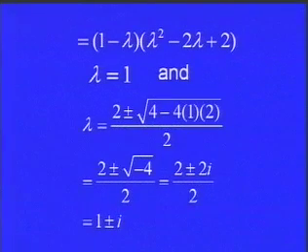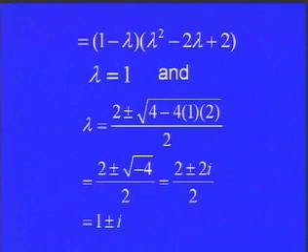Lambda is going to equal 2 plus or minus the square root of 4 minus 4 times 1 times 2, all over 2. Working out what's under the square root, I get negative 4. Then because 4 is a perfect square, it can come out of the square root as a 2, and the square root of negative 1 is i, of course.